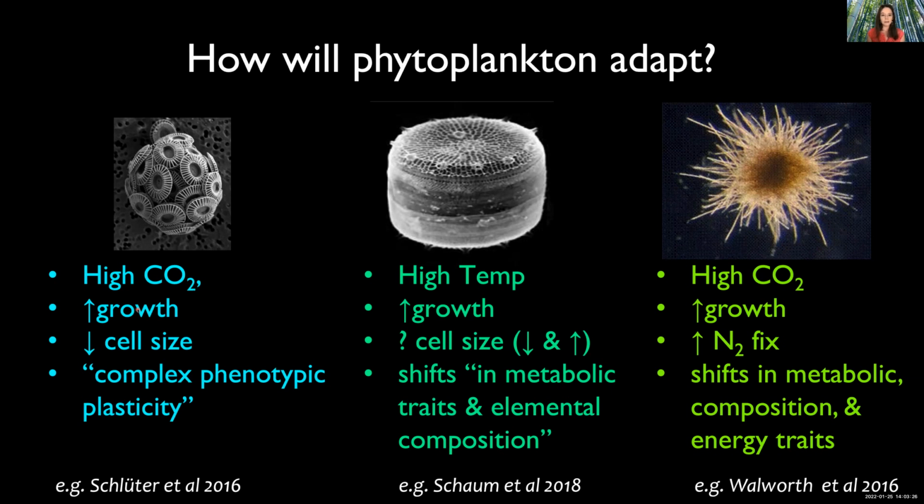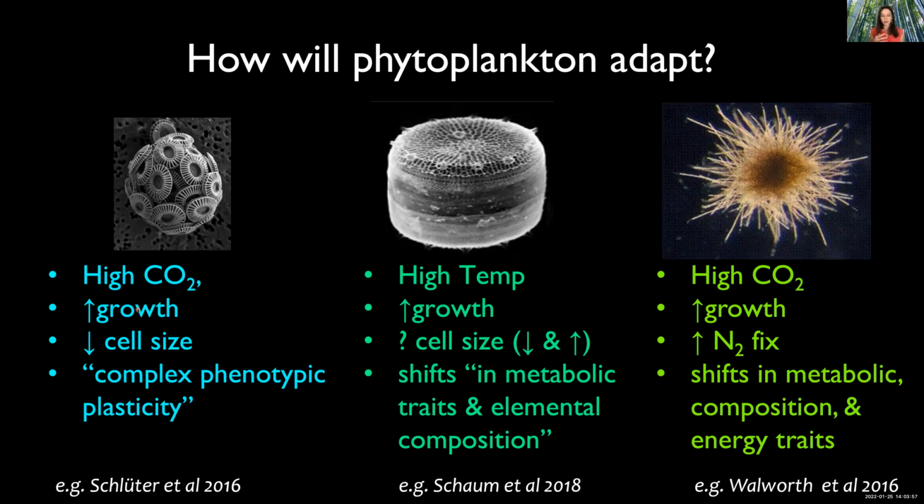There have been many clear trends in how the trait values change as these populations evolve. We see increased growth rates, which we would expect due to selection, and quantifiable changes in cell size, for example. However, in pretty much every study that I've seen, there's a sentence or even a paragraph talking about complex phenotypic plasticity that was observed, or shifts in multiple metabolic, stoichiometric, and energetic traits.